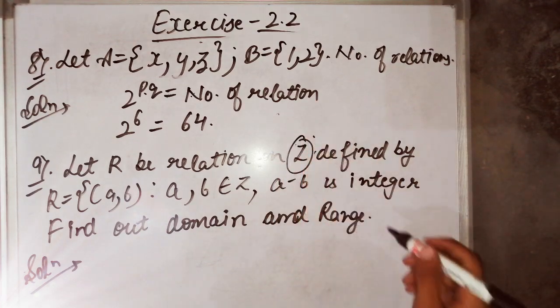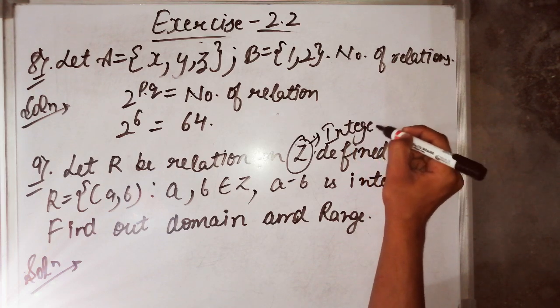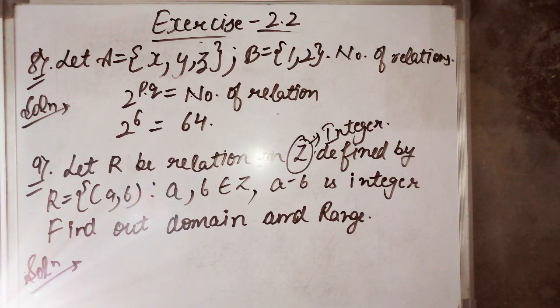Z is the set of integers. And what are the integers? Integers are the numbers starting from minus infinity to 0 and till positive infinity. You can't count the total number of elements present in the integer set.